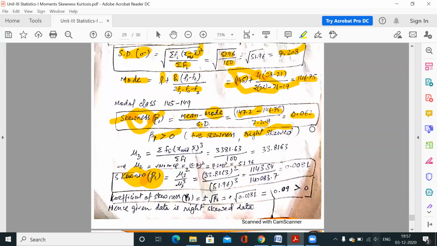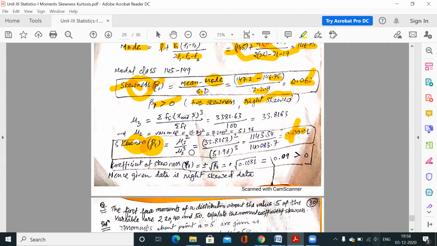The values may be different, because we don't observe the values, we observe the sign of that value to analyse whether it is positively skewed or right skewed. If it is greater than 0, it is positively skewed. Whatever the value is, we only observe whether it is positive, negative or 0. Here also we are getting positively skewed data.